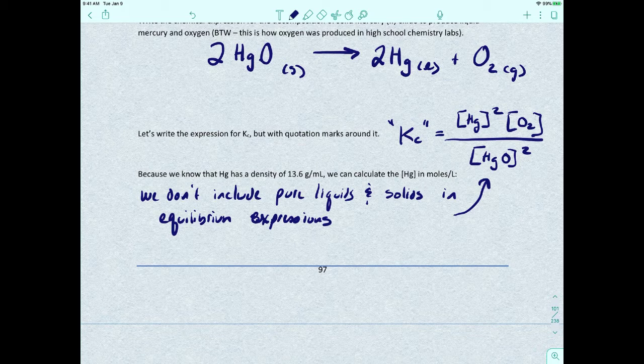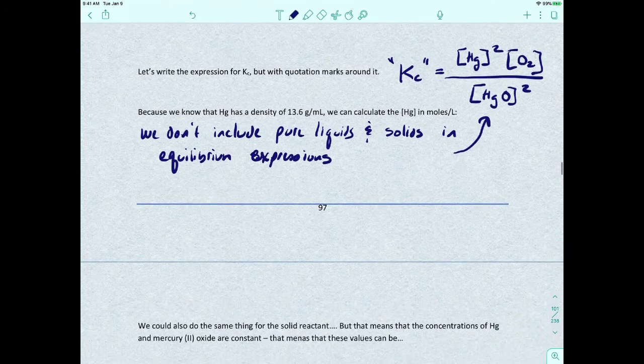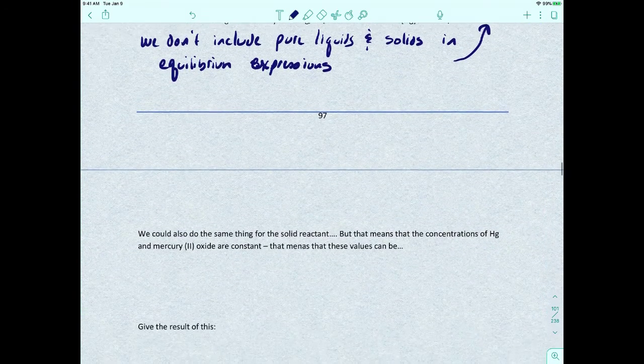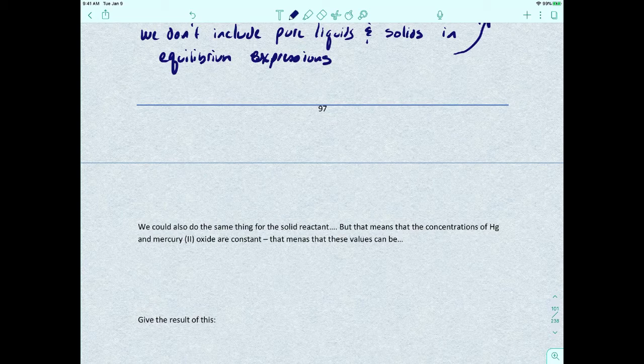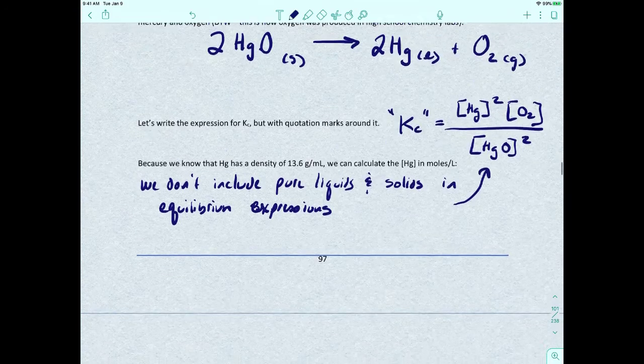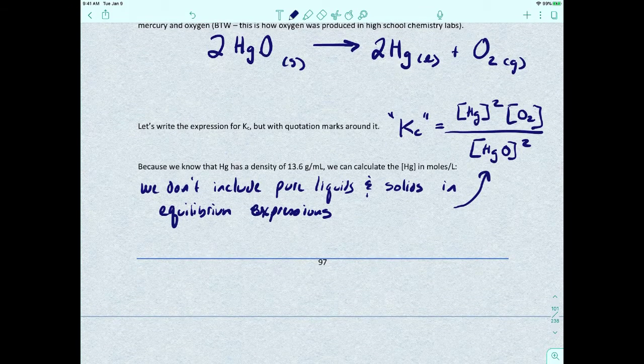All right. Now, since we know that mercury has a density of 13.6 grams per milliliter, we can actually calculate the concentration of mercury in moles per liter. And so that would look something like this. The concentration of mercury, which is going to be the number of moles divided by volume, we know the density is going to be 13.6 grams per 1 milliliter.